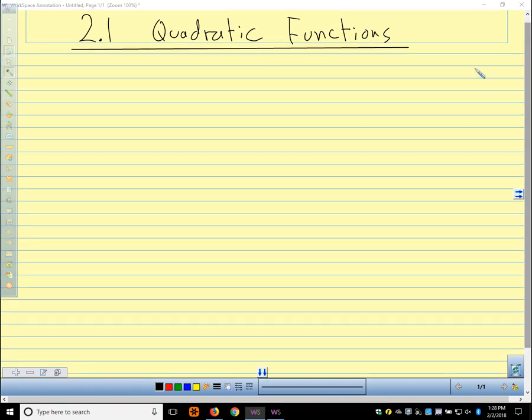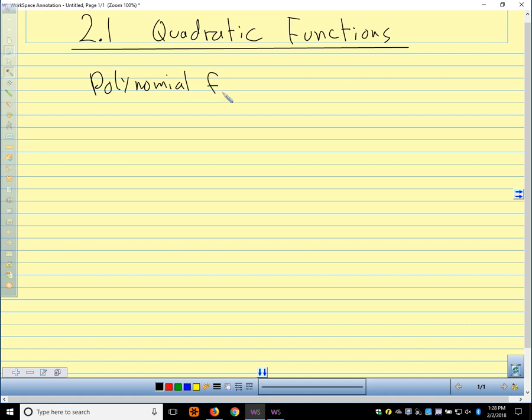So let's start. We'll write this a lot, but a polynomial. Chapter 2 is about polynomial functions. We're talking specifically about quadratics today.